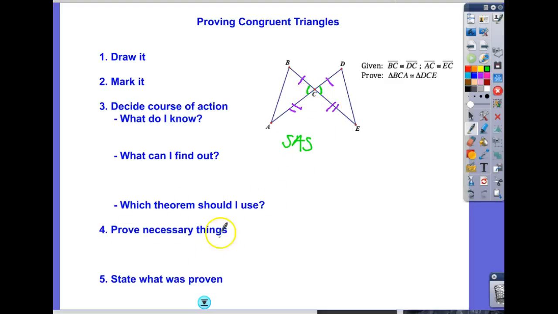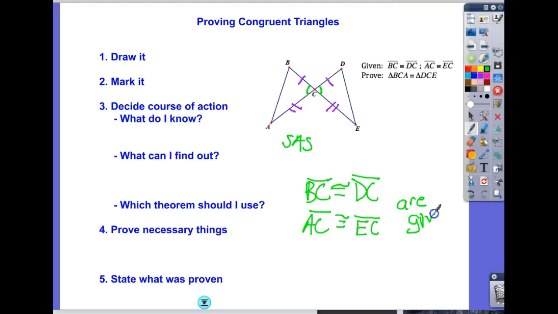So now I need to prove that. It might seem like a little bit of work, but you need to go through and say, BC is congruent to DC, AC is congruent to EC, and those are given. Those are given.